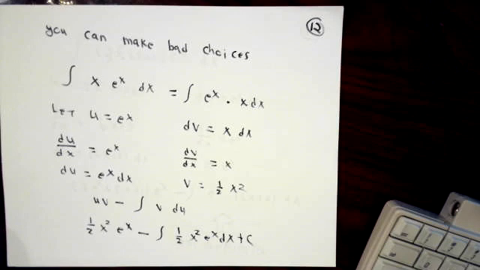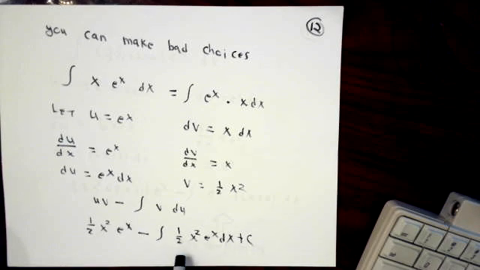That means that v has to be an antiderivative for x. v is 1/2 x squared. Writing down the integration by parts formula, we write down u times v minus the integral of v du. If we could get that, we would tack our constant of integration on and be done.